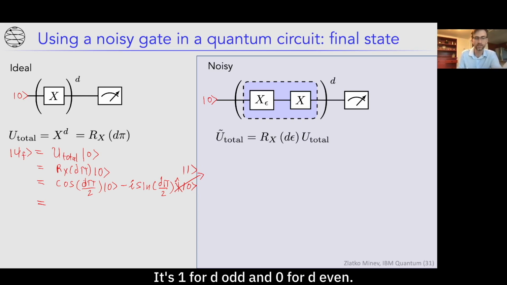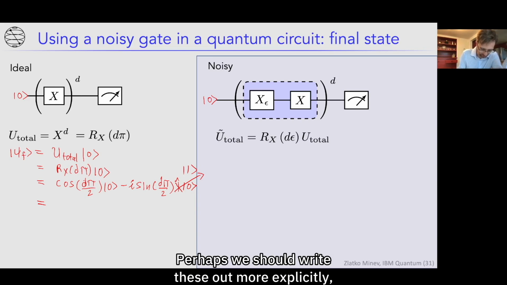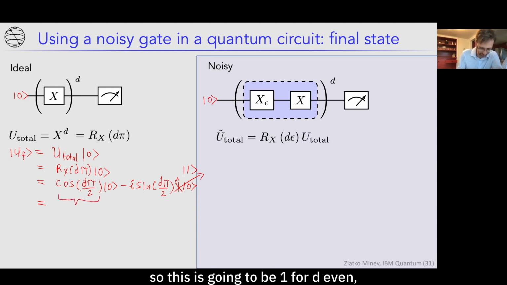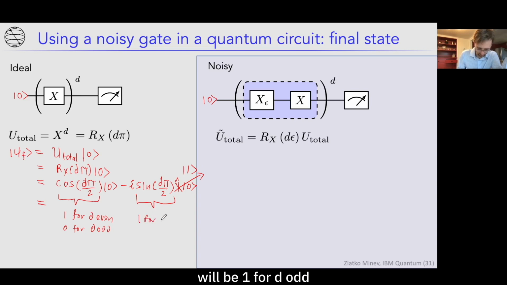It's 1 for d odd and 0 for d even. Perhaps we should write these out more explicitly. So this is going to be 1 for d even, 0 for d odd, and similarly, the sine term will be 1 for d odd and 0 for d even.